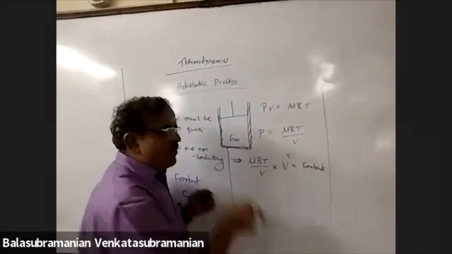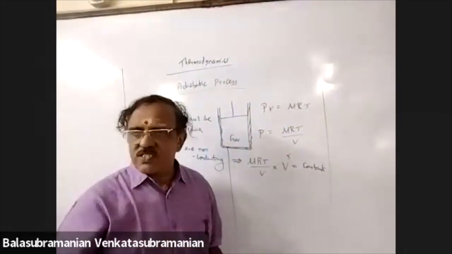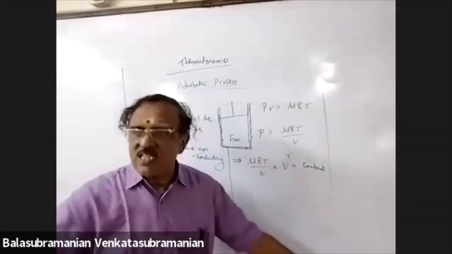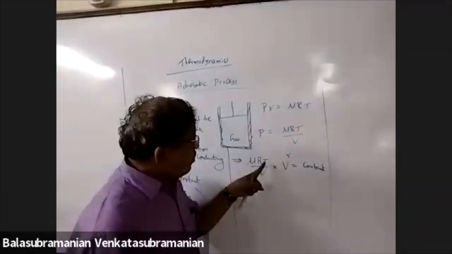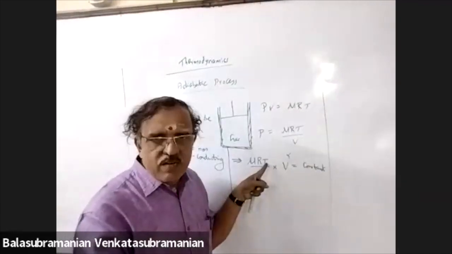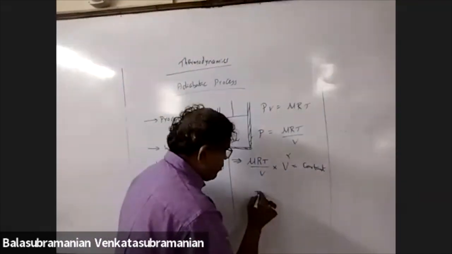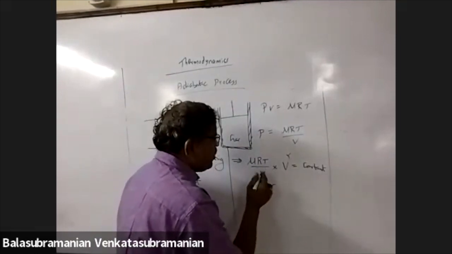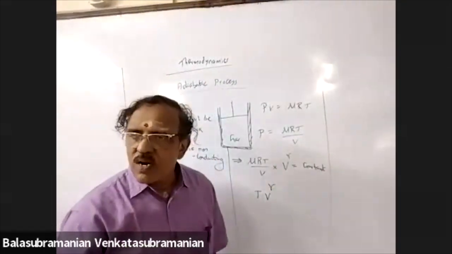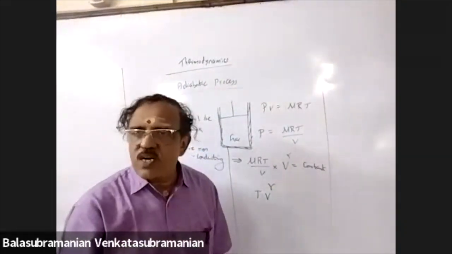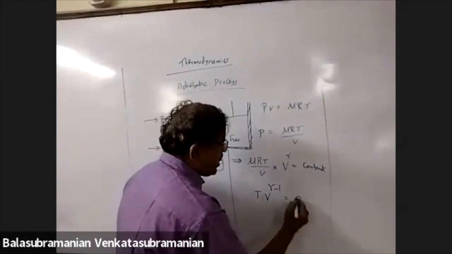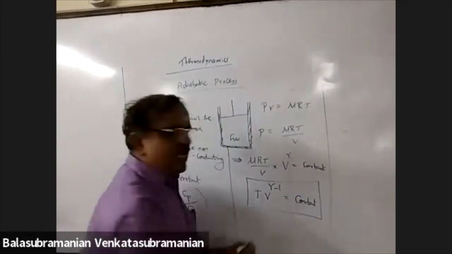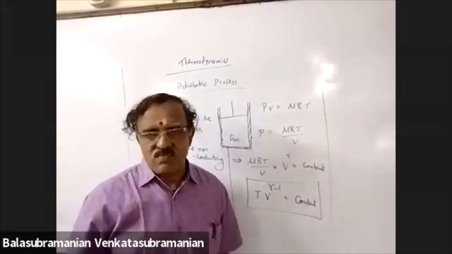Mu for a given gas, number of moles, is fixed, and the universal gas constant is also constant. Temperature is not a constant, it is variable, so I can write T V power gamma. This V you take to the numerator, V power minus 1, so I will get V power gamma minus 1.